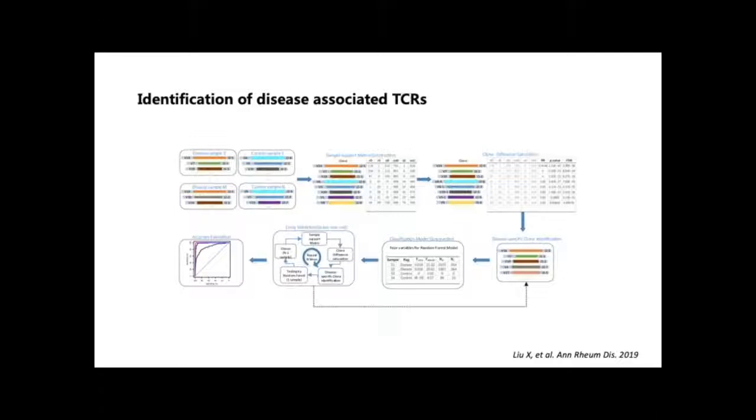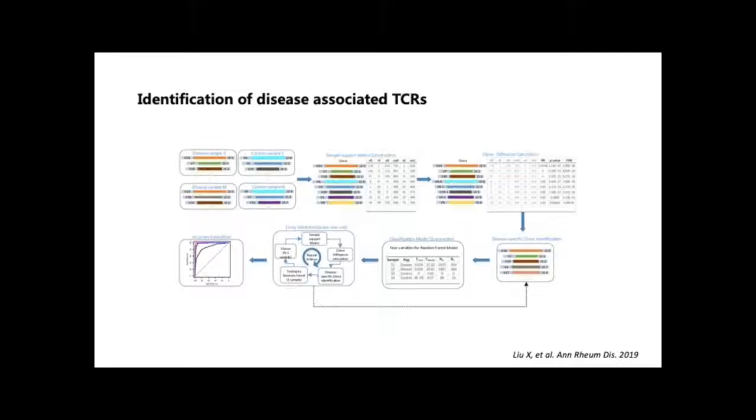So we integrate both the publicity of these T cells and their frequencies. Our hypothesis is that if the publicity of a clone is higher in the autoimmune disease than in the controls, there is a higher probability that it is an autoimmune disease associated clone.